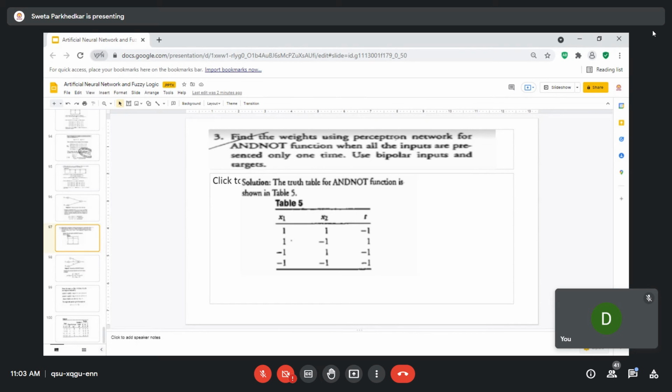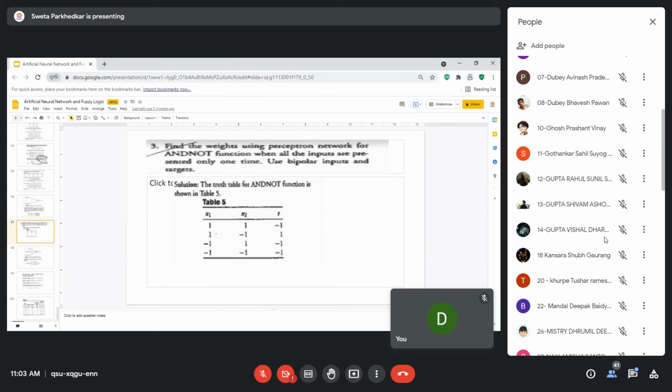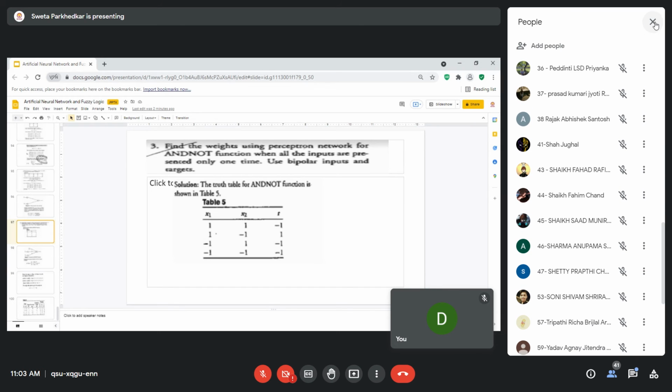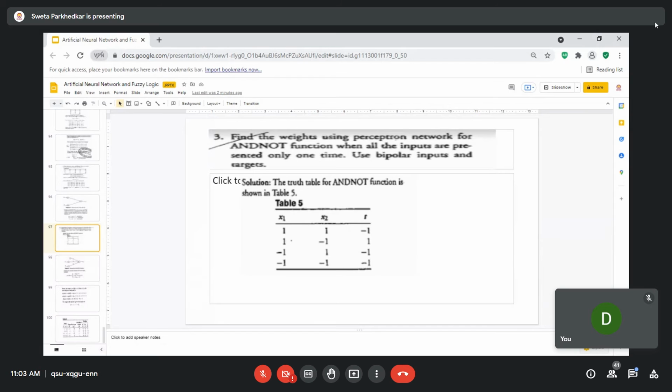Okay, for this problem, what we'll assume the initial weight will be 0, that is W1 and W2 we'll assume as 0 initial weight, and your learning rate alpha will assume as 1, and theta, that is the threshold value, will assume it as 0. Okay? So initial weight W1, W2, we assume 0, alpha 1, and theta equals to 0.